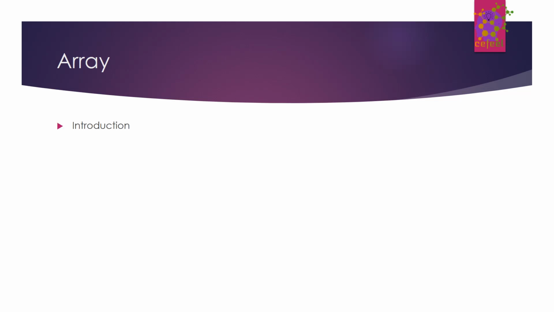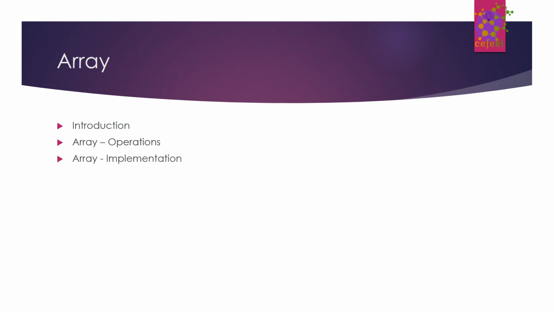We'll discuss the following topics as part of today's video. We will start with a basic introduction to what an array is, why it is important, and what it looks like. Then we will move on to see various operations that are possible on this array data structure.